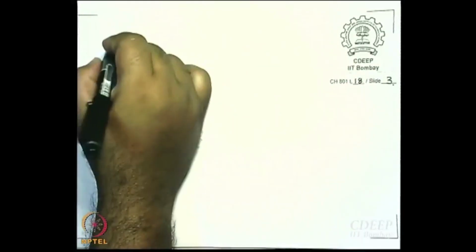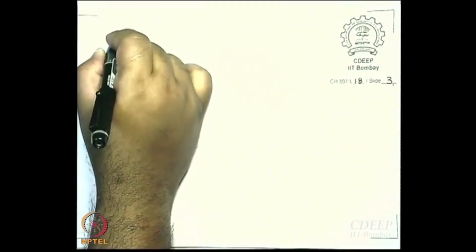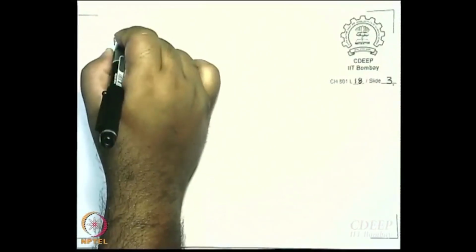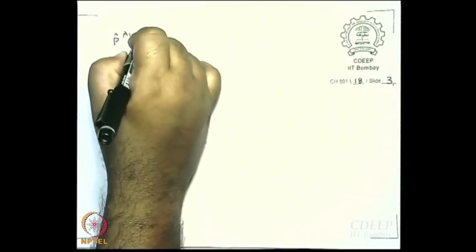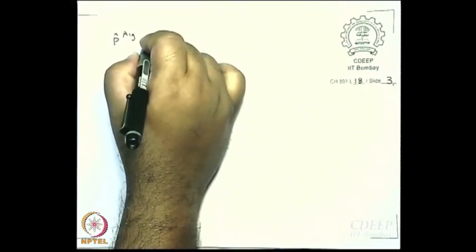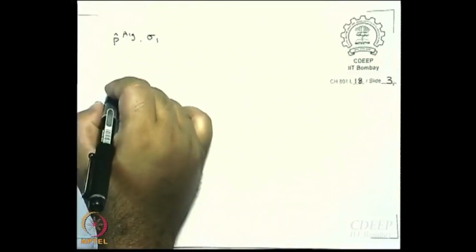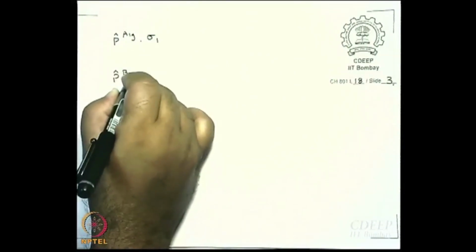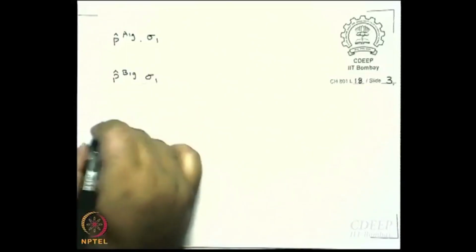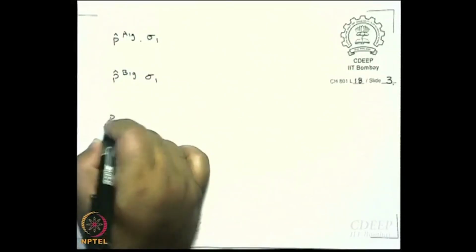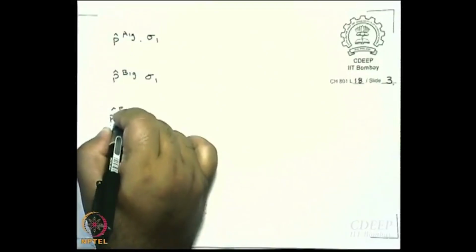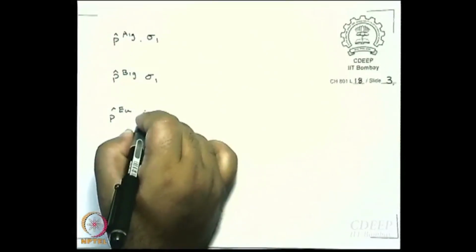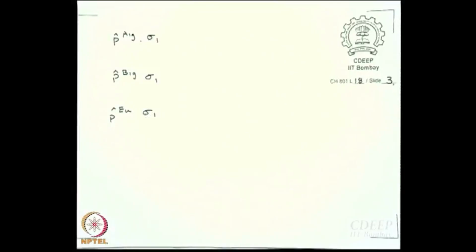So what I want is, I want you to tell me what is P A1g operating on sigma 1, what do you get? What happens when you make P B1g operate on sigma 1? What do you get when you make P Eu operate on sigma 1? Okay? Ready for the character table?